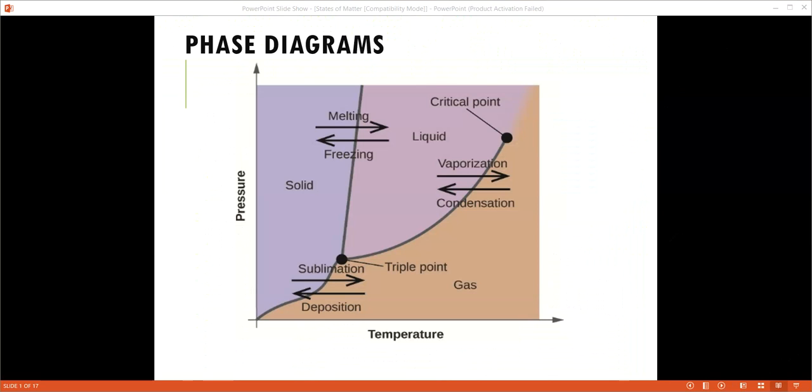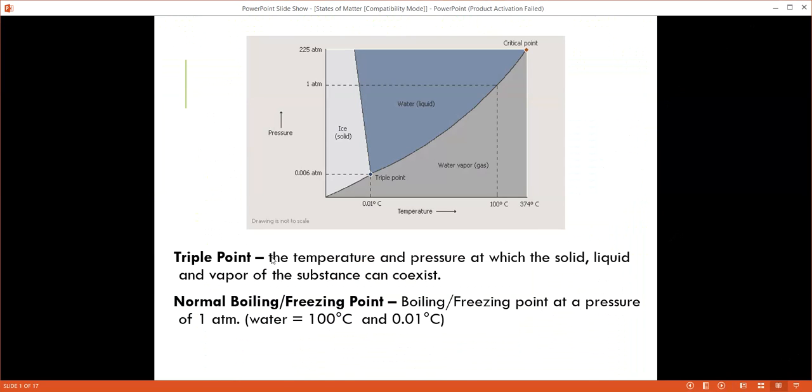Okay. Now, there is one point on here I'd like to point out to everybody. Make sure you're watching. It's that little dot right there. That little dot is known as the triple point. And we're going to talk about that here in just a second. So the triple point on a phase diagram is the point at which the pressure and the temperature are just right for that substance.